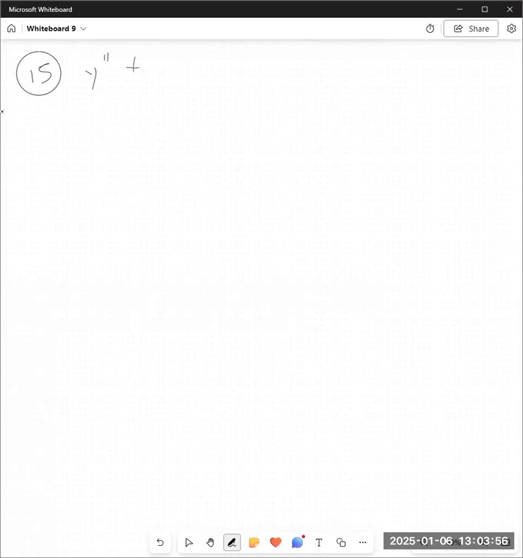Y double prime plus 2y prime plus lambda plus 1 y equals 0. Y of 0 is going to be 0. Y of 5 is going to be 0. So getting the auxiliary equation set up here, m squared plus 2m plus lambda plus 1 is equal to 0.